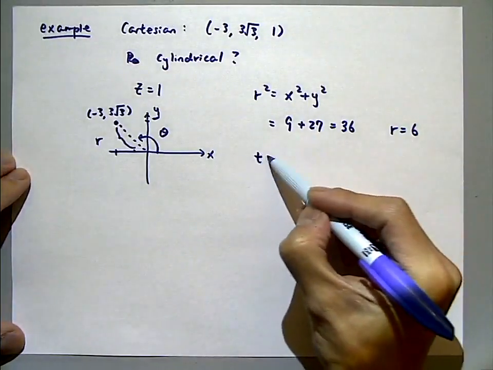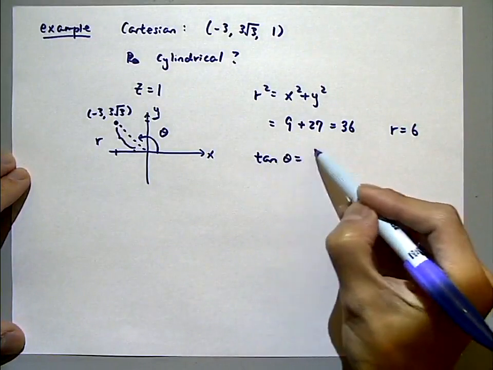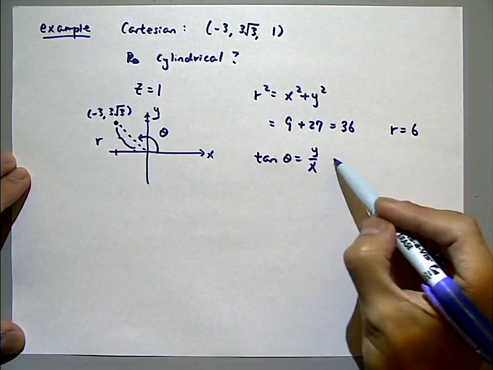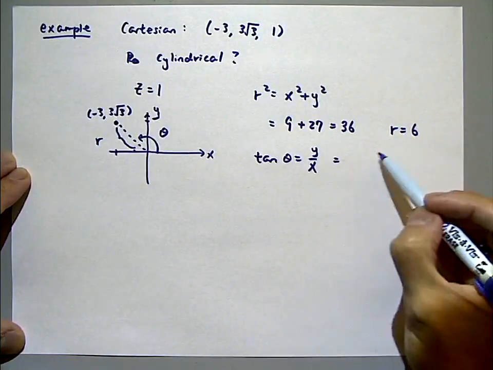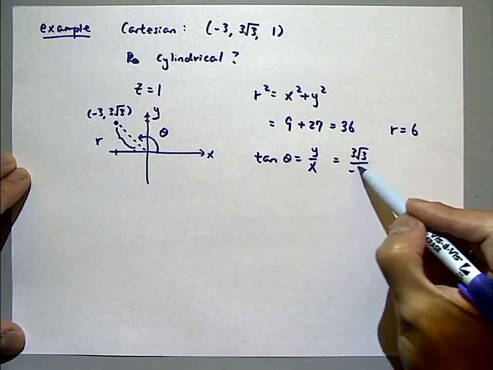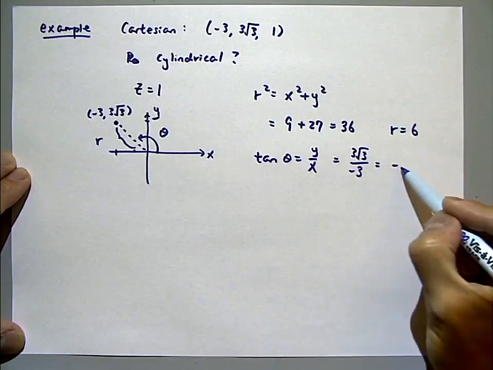Theta comes from tangent of theta equals y over x. So here we get 3 radical 3 over negative 3, so negative radical 3.